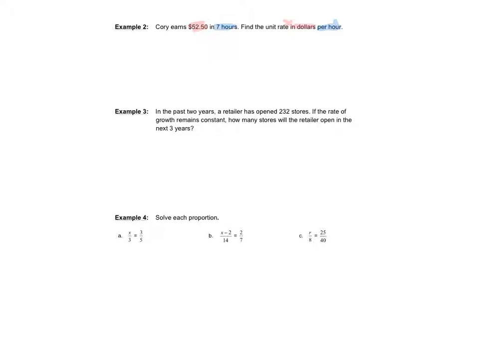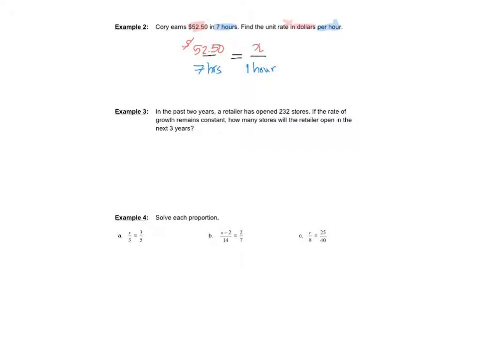So when I write my proportion, I can start off with my ratio, the 52.50 to 7 hours. So 52.50 in 7 hours equals how much money, x dollars, per 1 hour.